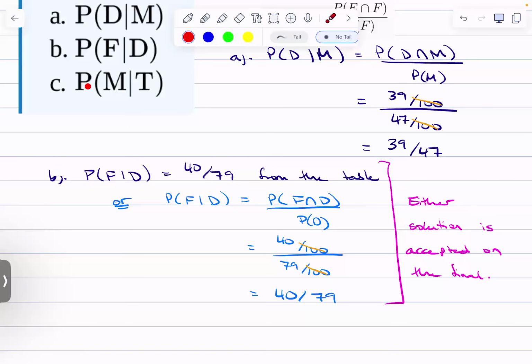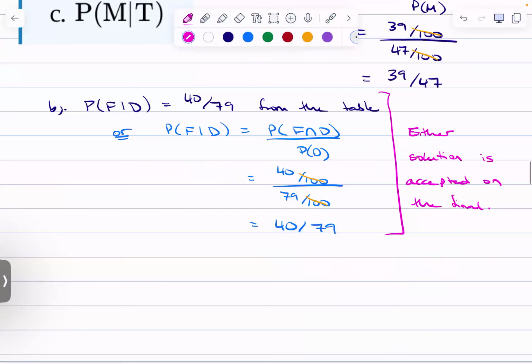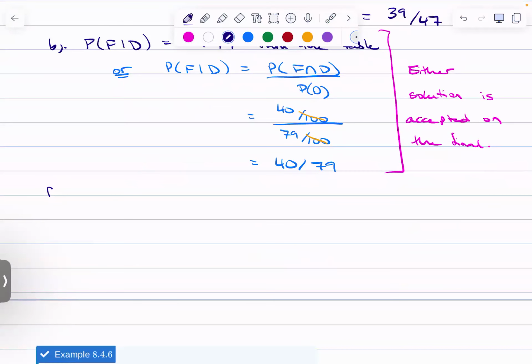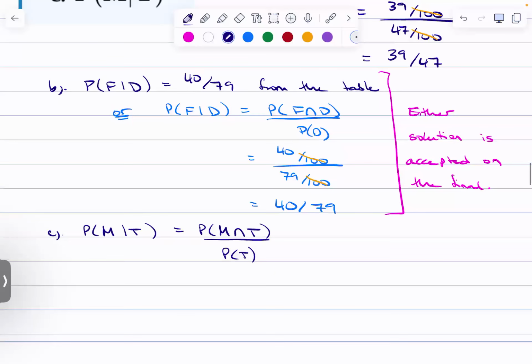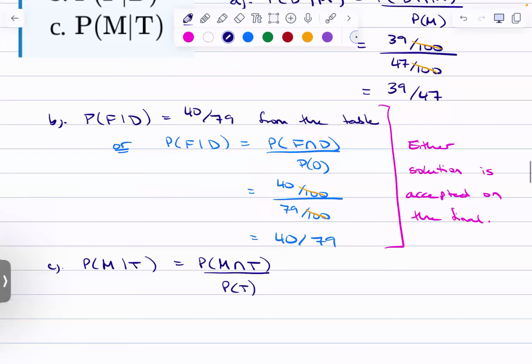You could try both. The probability of M given T is the probability of M and T divided by the probability of T. I'm trying to wean you off of the table, but you're allowed to use it, so I shouldn't do that.